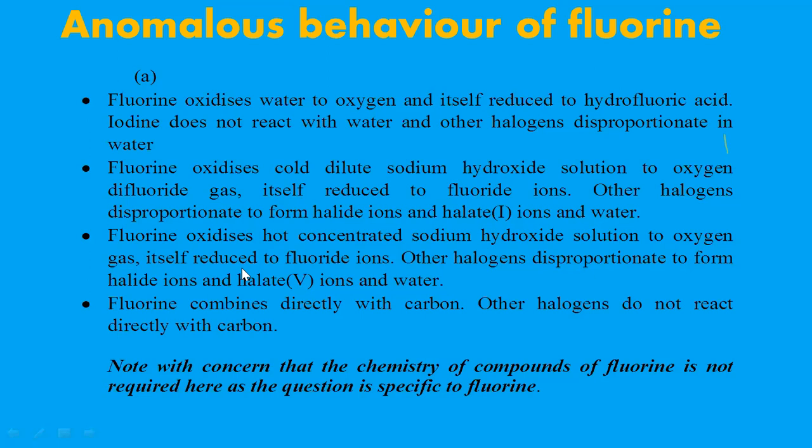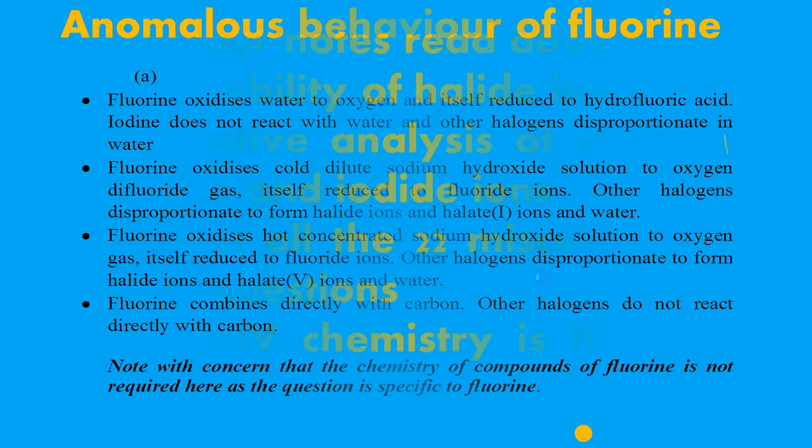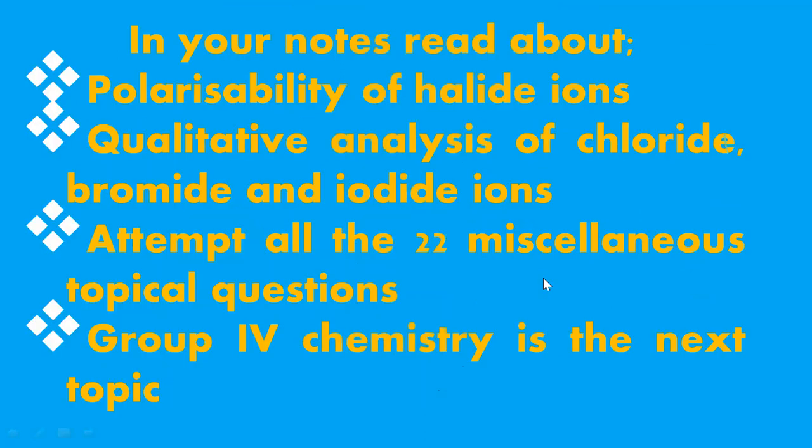Fluorine combines directly with carbon. Other halogens do not react directly with carbon. All right. So you should note that those are the anomalous properties in which fluorine behaves differently compared to the other elements.